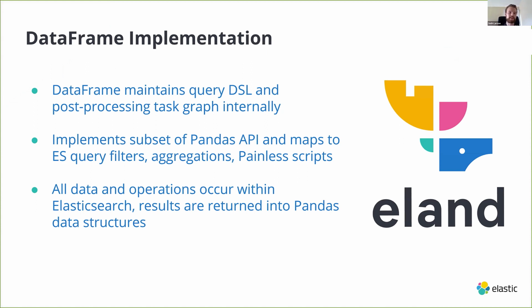But instead of having those processes and tasks execute immediately on local data, it'll maintain a task graph in the same way that Dask, if you've heard of Dask, would do. So it's a very similar concept.